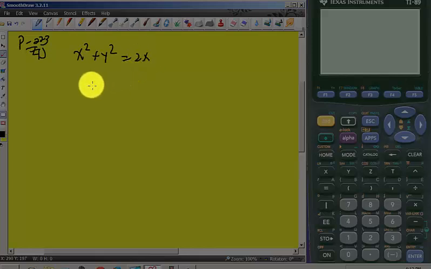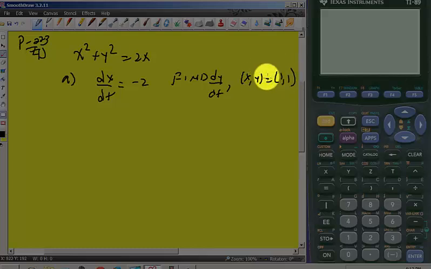In part A, they give us dx/dt, and they say that's equal to negative 2, and then they want you to find dy/dt when x, y is equal to 1, 1. That means we want to find that at that particular point. All right, we're going to do the same thing here.